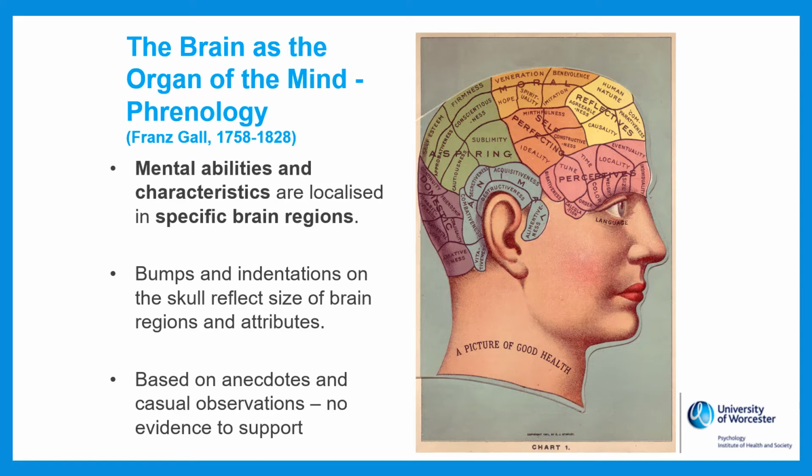And it was viewed that bumps and indentations on the skull reflect size of brain regions and attributes. However, this has been based on anecdotes and casual observations, and there's no evidence to support this. So these are early thoughts and ideas, and it's not particularly accepted in modern day psychology.